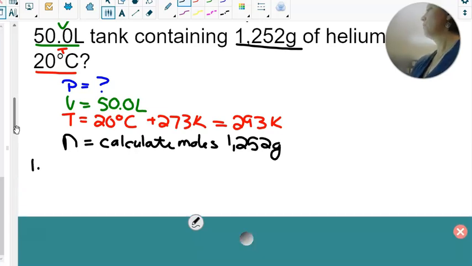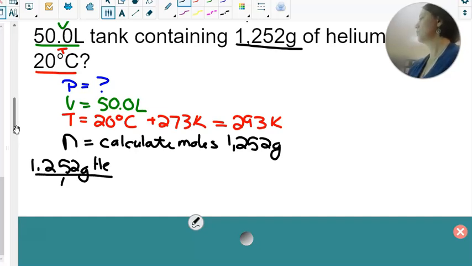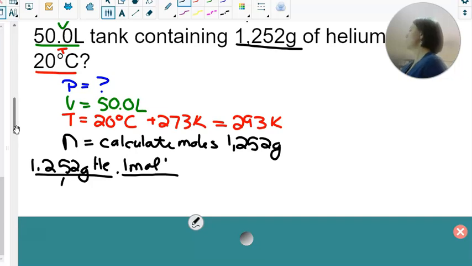So I have 1,252 grams of helium over 1 times 1 mole helium, which is what I'm converting to, and then my molar mass of helium, because grams are going to go at the bottom, is 4.00 grams helium.